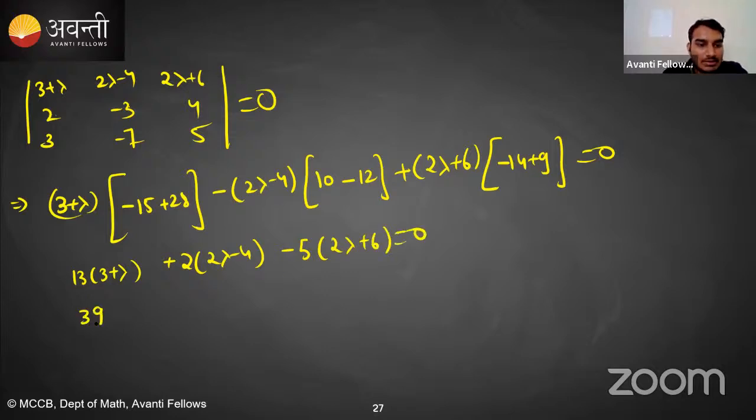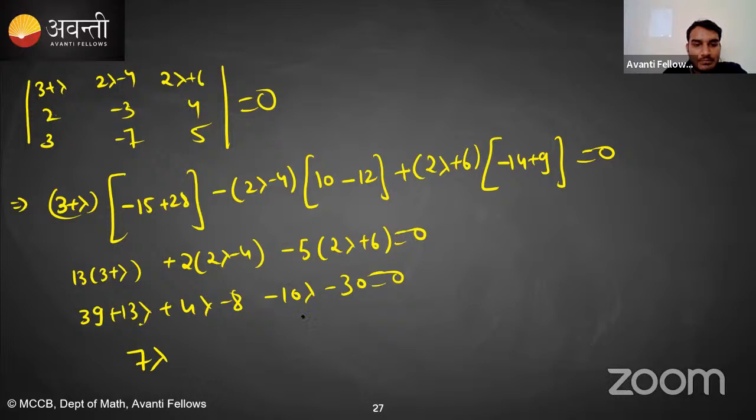Now get the answer: 39 plus 13 lambda plus 4 lambda minus 8 minus 10 lambda minus 30 is equal to 0. So 13 lambda plus 4 lambda is 17 lambda, minus 10 lambda is 7 lambda, and 39 minus 8 is 31, 31 minus 30 is 1. So lambda comes out to be minus 1 by 7.